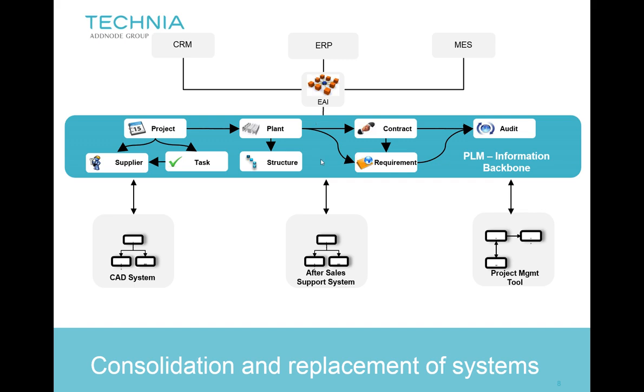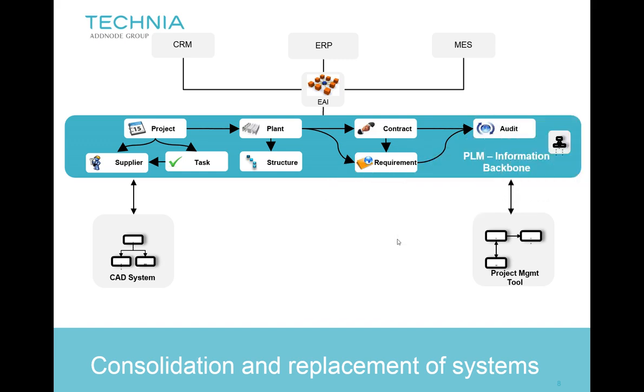So if you have built your own after-sales support system, project management tool, for instance, to start with, you might integrate these with the PLM system, and the PLM system in its turn, through some kind of integration middleware, provides the information to CRM, ERP, manufacturing execution, as I said before. After a while, you might look at replacing these home-built systems with functionality in the PLM system.